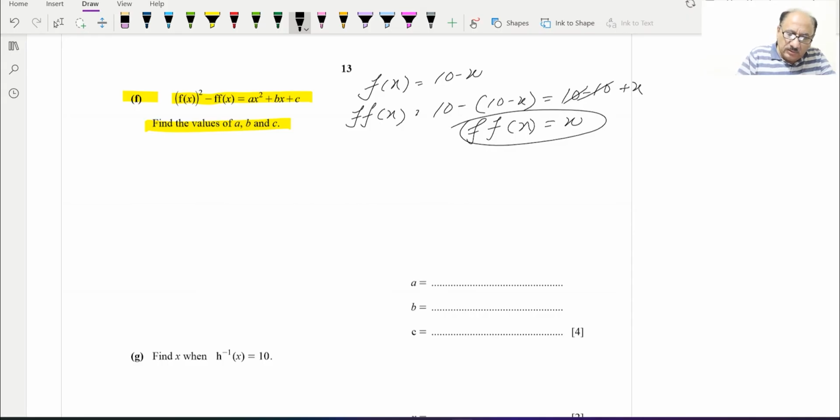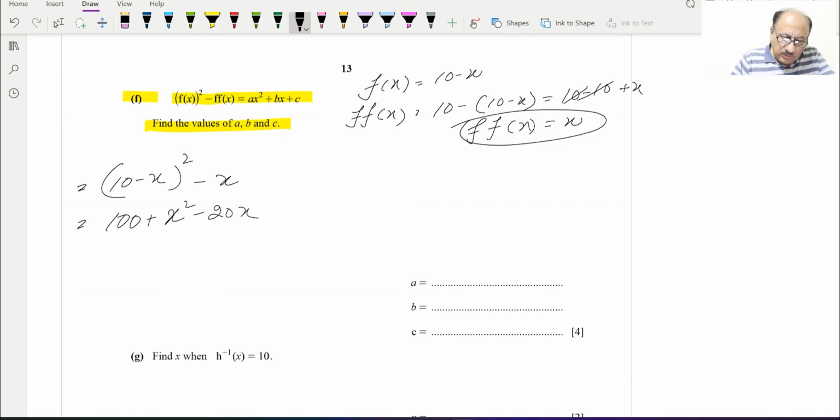Now we can use f of x square, which is (10 minus x) square, and minus this x is equal to, we will basically form this as a quadratic equation, and we can open the squares. This will be 10 square, which is 100, plus x square minus 20x. If we open the square, you can multiply 10 minus x with 10 minus x, and you will get this term.